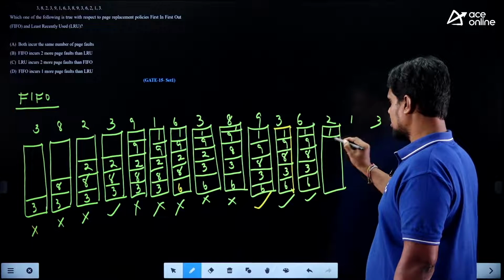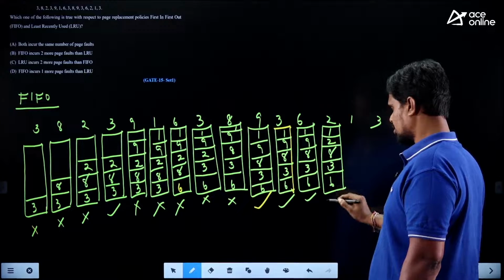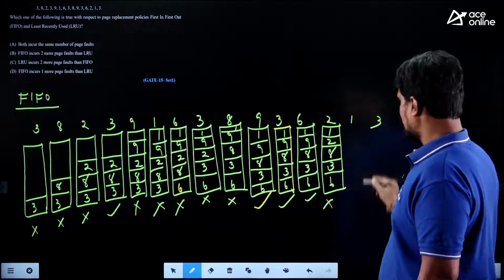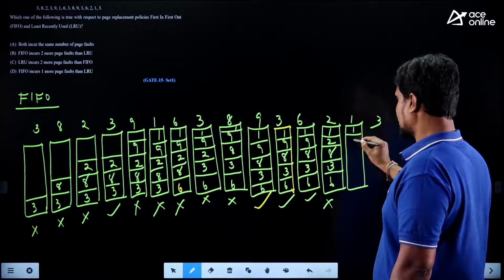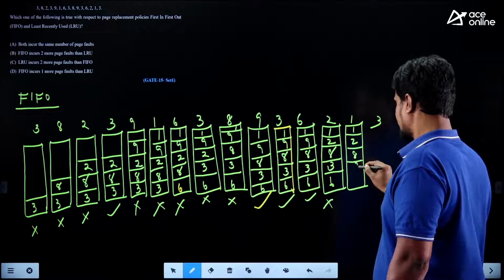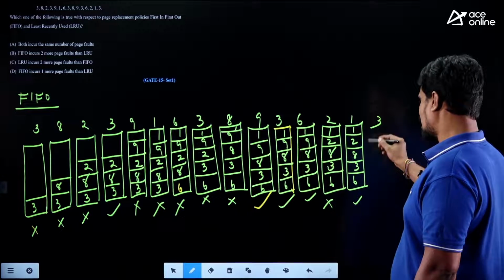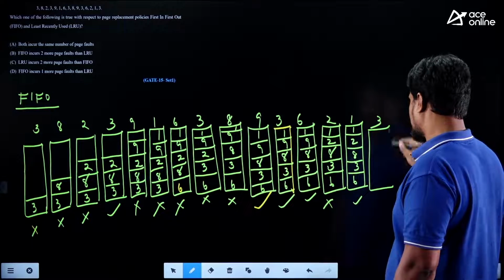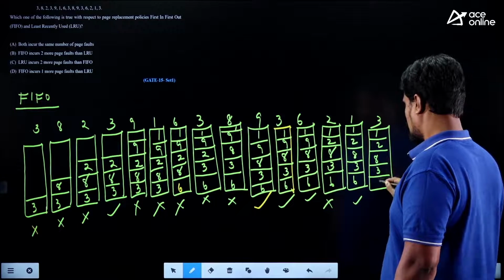So 1, 2, 8, 3 and 6. This is going to be a page fault. Then with respect to 1, it is already there in the main memory, which is a page hit. So 3 is already there in the main memory, which is a page hit. So 1, 2, 8, 3 and 6.